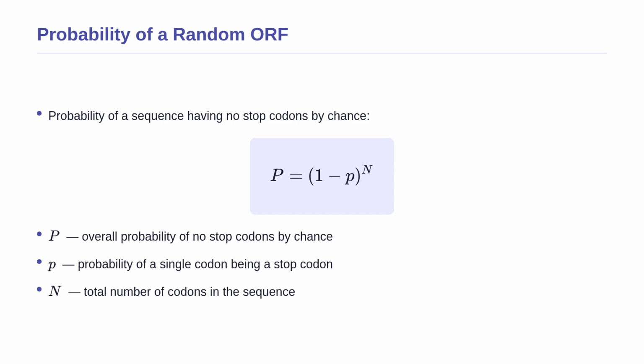The lowercase p represents the probability of a single codon being a stop codon, which is typically 3 out of 64 in the standard genetic code. Finally, n represents the total number of codons in the sequence. As the length n increases, the probability P decreases exponentially, making very long ORFs incredibly strong candidates for actual biological genes.